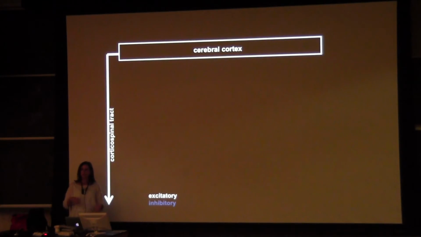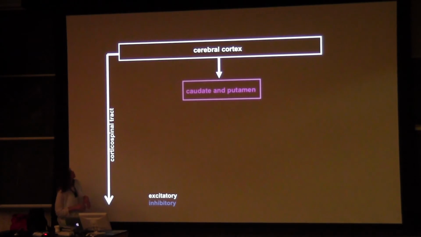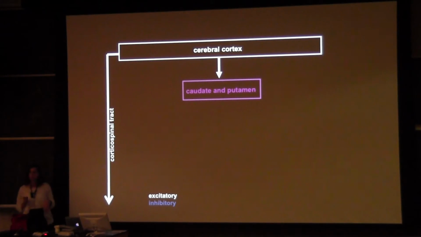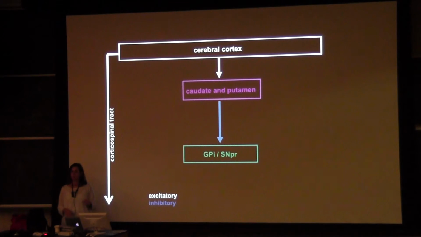Cortex projects to the basal ganglia, they project back to cortex, and their function is to do something to help cortex with, in this case, movement control. So, as I told you before, the caudate and the putamen are the input structures. So they receive an excitatory drive from motor cortex. And they project directly to the output structures of the basal ganglia, the GPi and the SNpr.